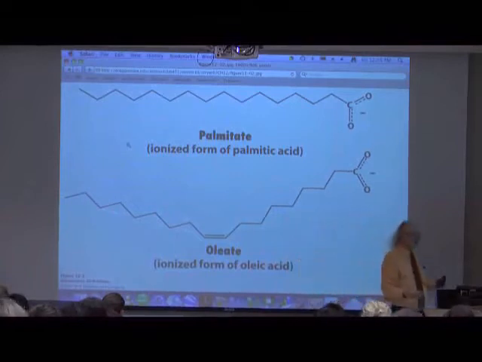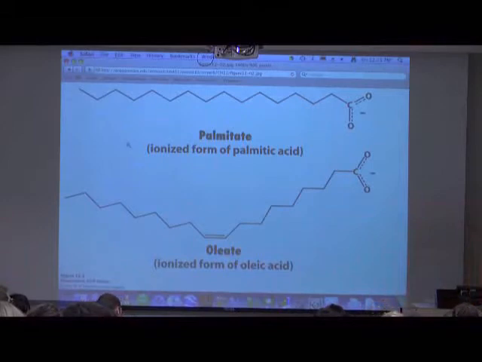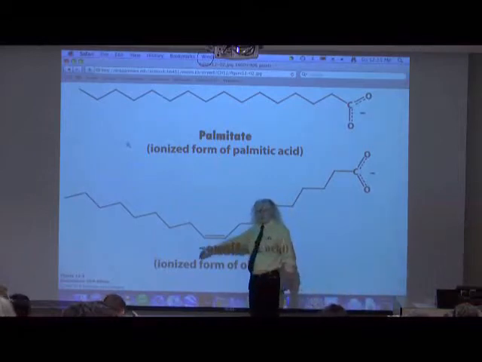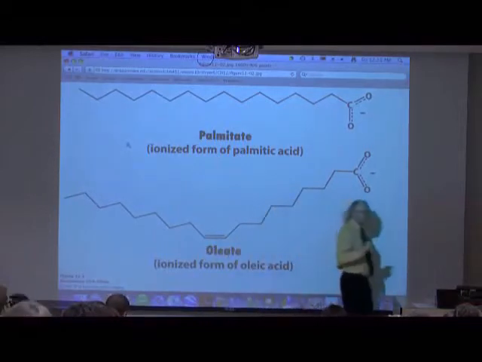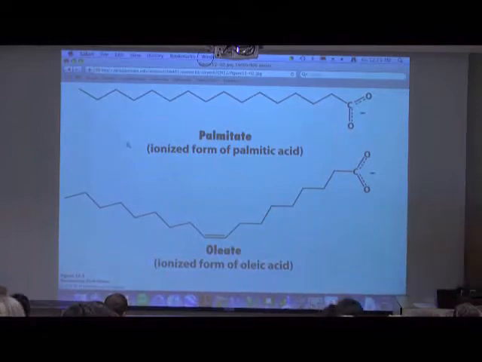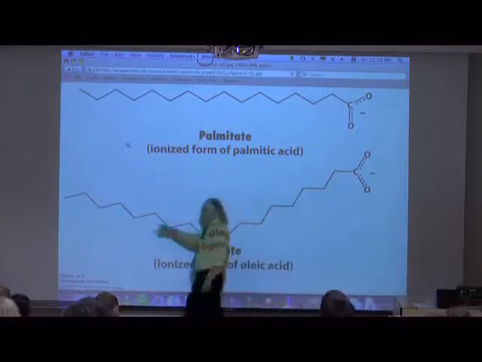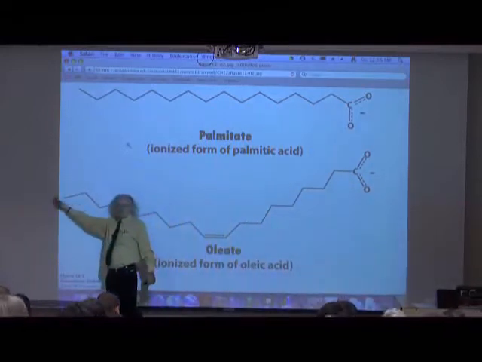If they're not in our diet, we're in trouble. We have to have them. So we need unsaturated fatty acids besides oleic acid, which is this one that we have here. Everybody with me? So keep the distinction between the carboxyl as number 1 for the deltas, and the methyl as number 1 for the omegas.